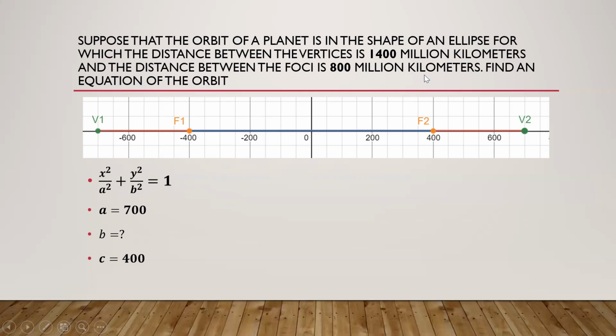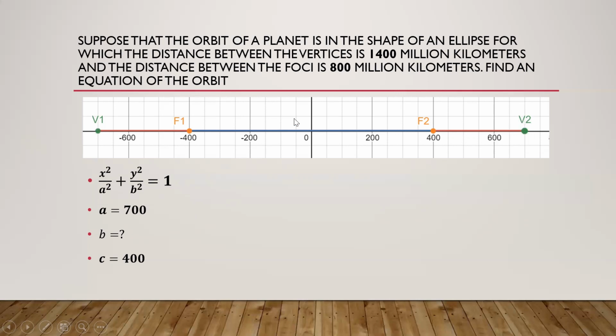So going back to the situation, it is said that the distance between the vertices is 1,400. So we divide that by 2 to get 700, because remember that the measurement of the line segment starting from V1 and ending at V2 is just 2a.